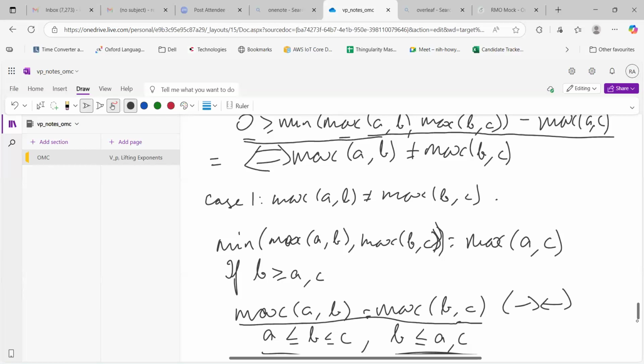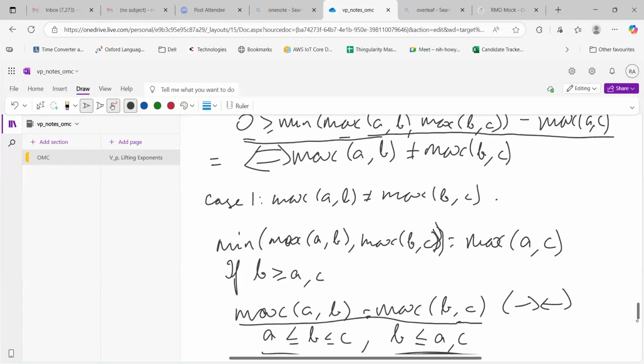If B is greater than or equal to A comma C, what happens? This holds, right? Why? Because max of A comma B is equal to B, and max of B comma C is also equal to B. So the minimum would be B. So that gives us 0 is greater than or equal to B minus max of A comma C, right?